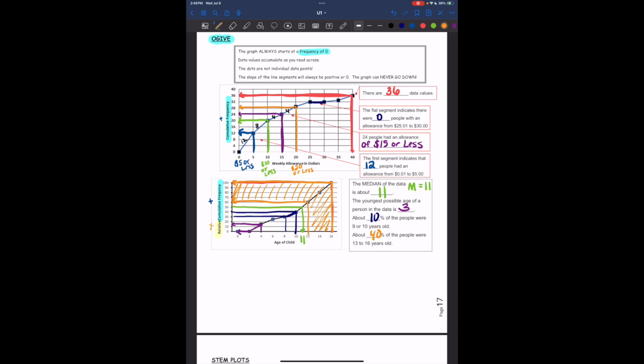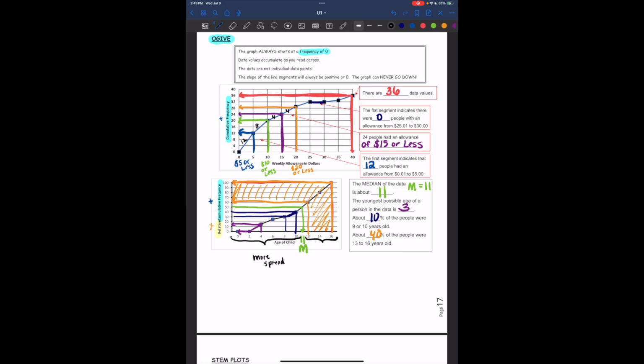So O-gives are a little bit interesting to read. They deal with cumulative frequencies, but it's kind of nice. Again, just another small note, like even for this was the median. I want you to take note about the lower half of the data versus the upper half of the data. Even just looking here, we could say that this is more spread out.